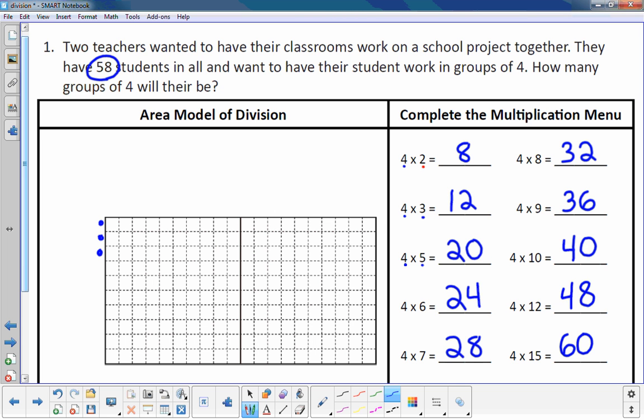So on the left side of this grid, I'm going to represent the number 4. I'm going to get a highlighter for a minute.